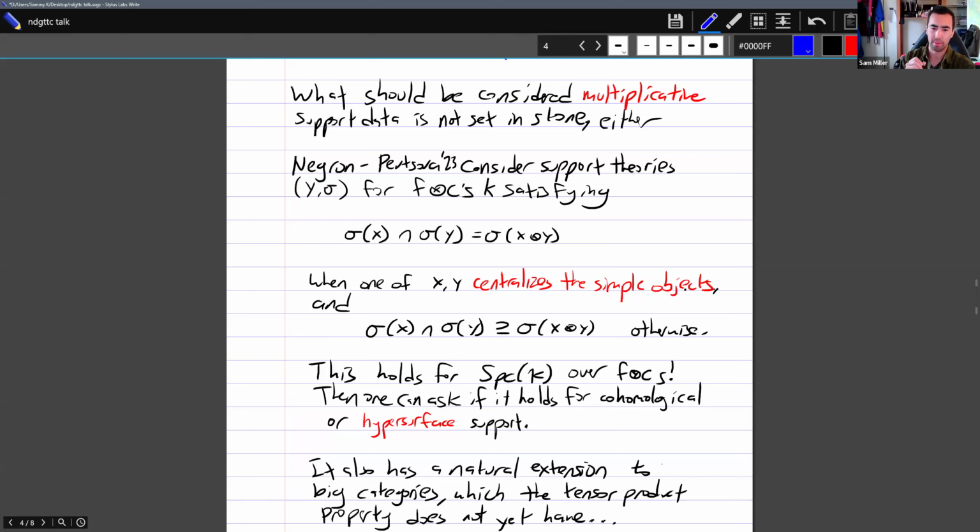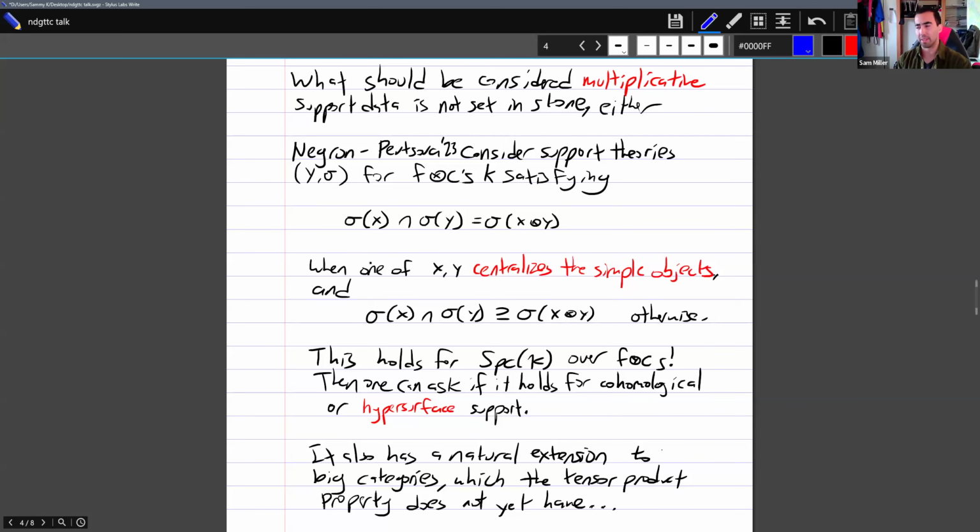So there's an underlying question of when is this holding enough to say that in fact the tensor product property holds? Because in general, it's unreasonable to expect the tensor product property to always hold. In fact, they give an example, I believe, where it doesn't hold, but one can ask for this weaker condition and then go from there.